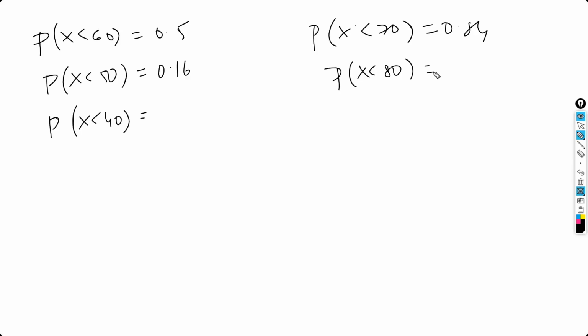Slowly, one more time. First, x less than 40. For this, up to 2 decimals, 0.02. And what is it for this? 0.97. That's it. Completed. For everyone, the same answers or different? Anyone having any doubts on calculating this one?